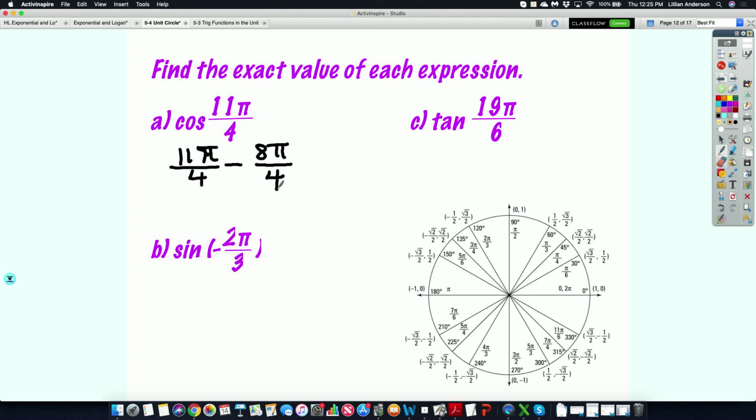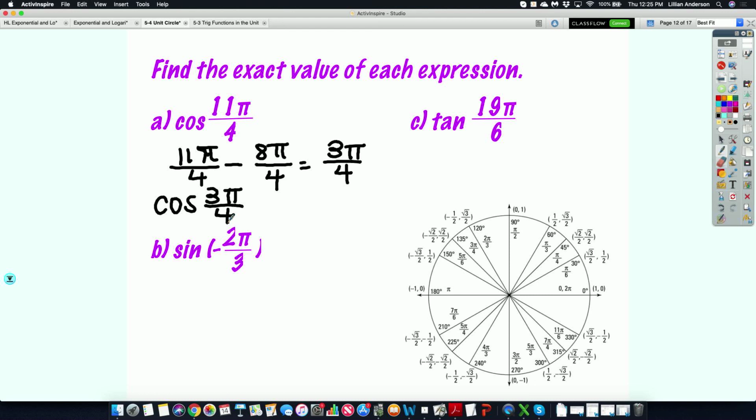What's 11 pi minus 8 pi? 3 pi. Is 3 pi over 4 on our unit circle? Yes. So the cosine of 3 pi over 4 is going to be the cosine of 11 pi over 4. Did everybody catch that? These two are equal. So if I know what the cosine of 3 pi over 4 is, I know what the cosine of 11 pi over 4 is.